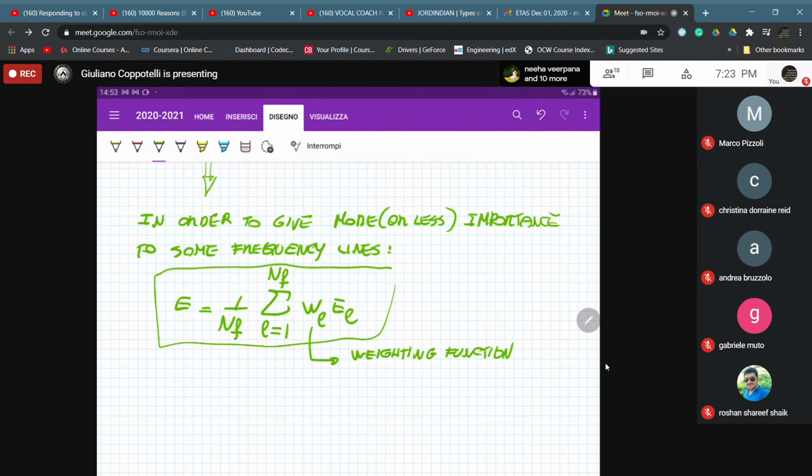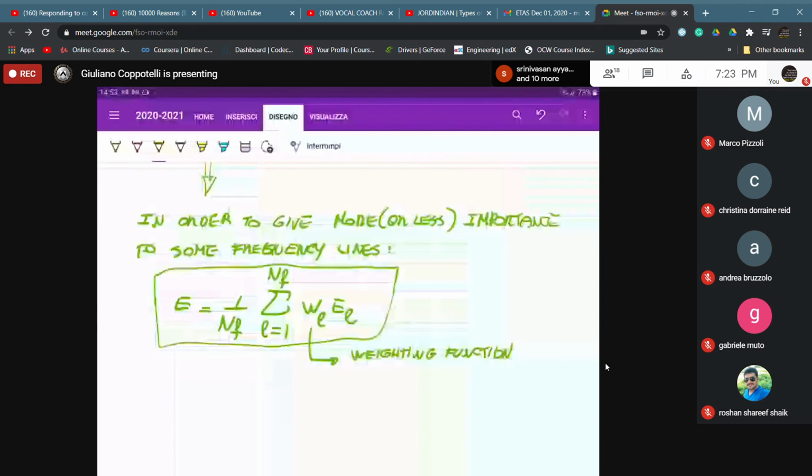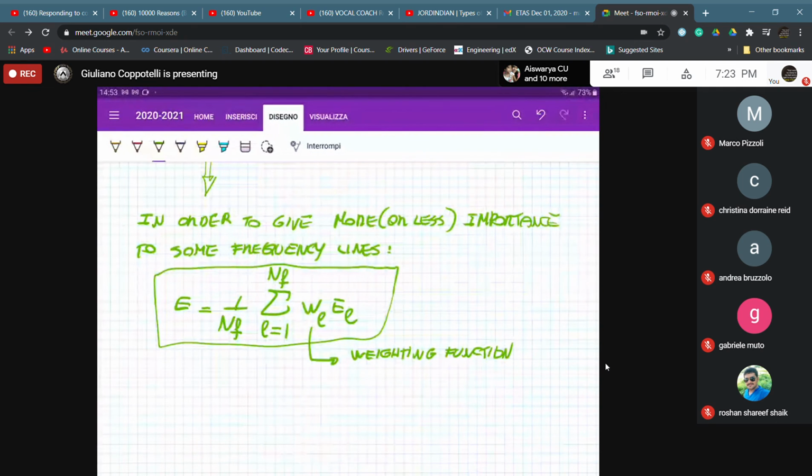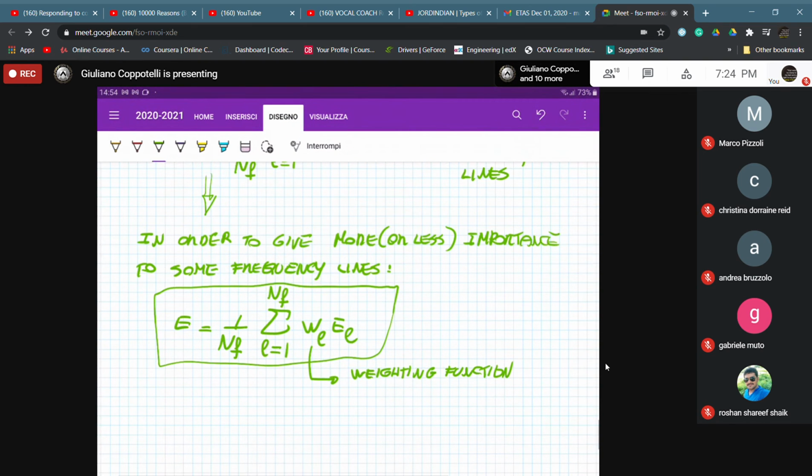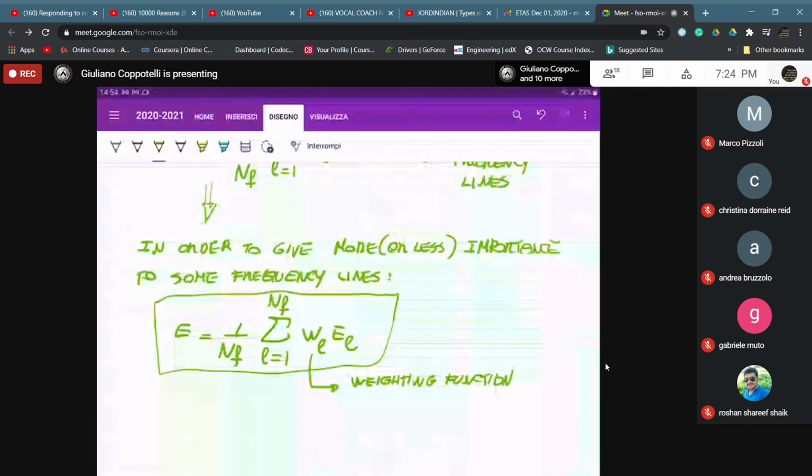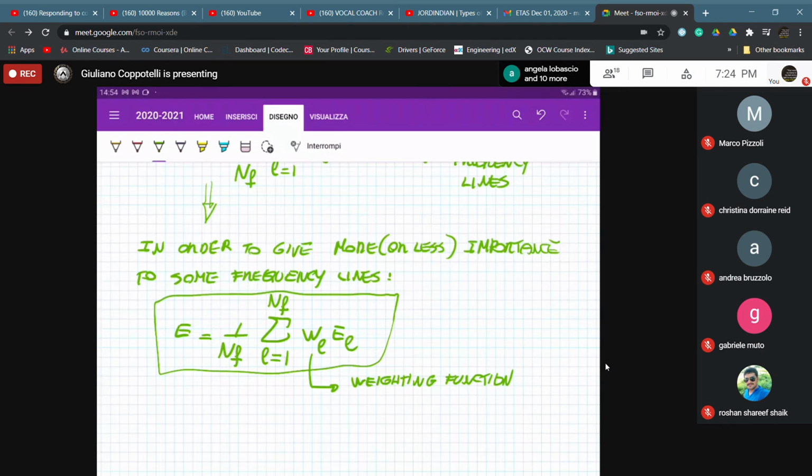So in order to start our estimating technique, we have to refer to this capital E quantity, that is telling me what is the general difference between the measured quantity in terms of FRF and the one that I already estimated, that is the one synthesized by the mode shapes that are our unknowns.